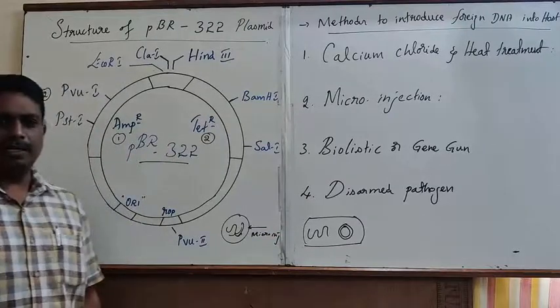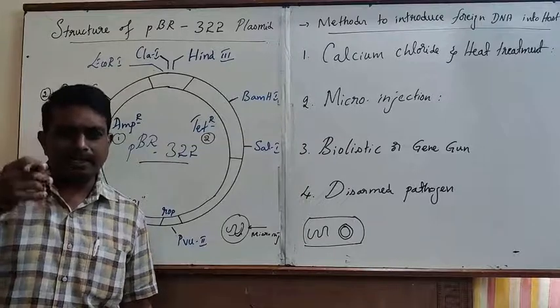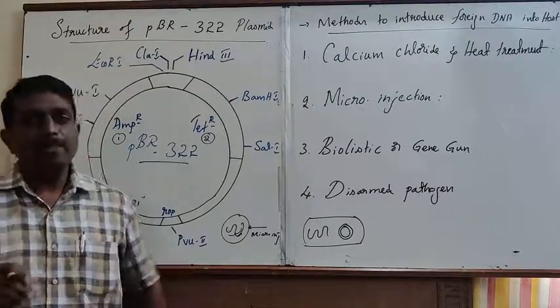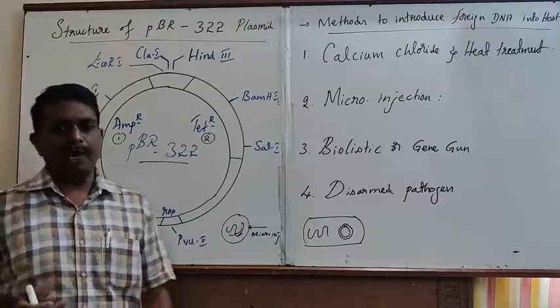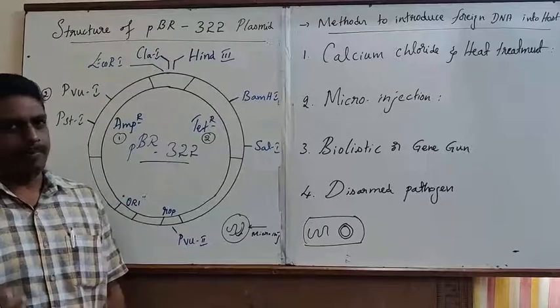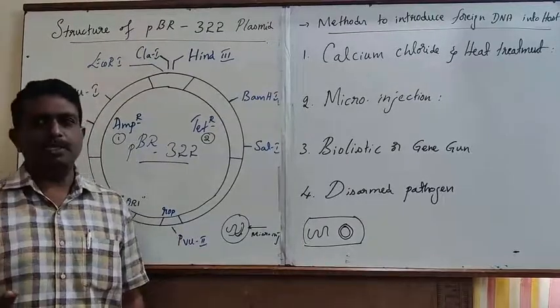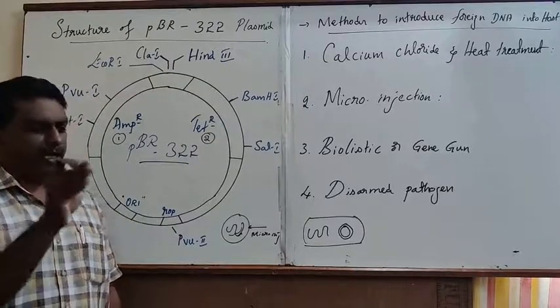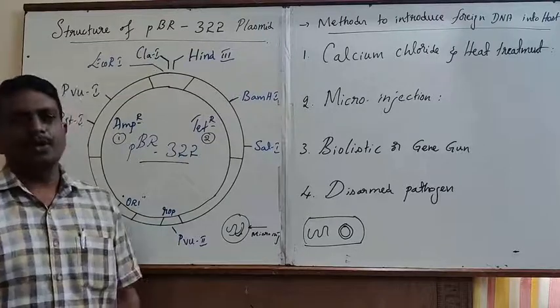The recombinant DNA is directly injected into the host by making use of a microsyringe or by making use of a micropipette. This is another important microinjection methodology in order to introduce recombinant DNA into the host cell.